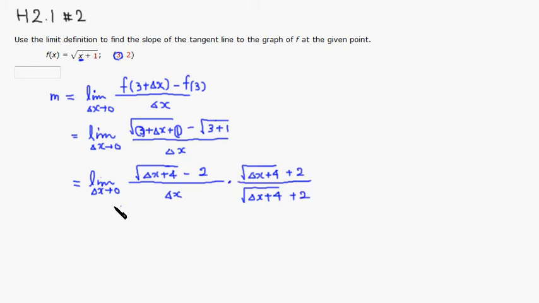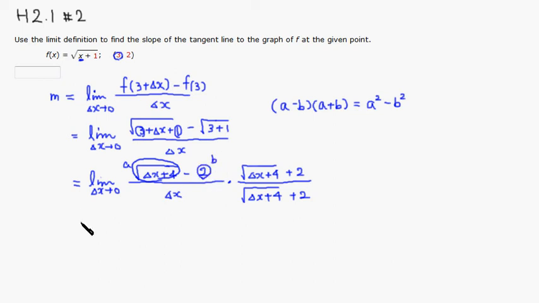Alright, so if you multiply out, again, remember the quantity a minus b times a plus b will give you a squared minus b squared. So in this case, a is the square root of delta x plus 4, and b is 2. So this guy is a, and this guy is our b, right?